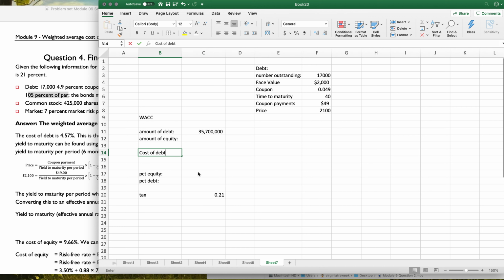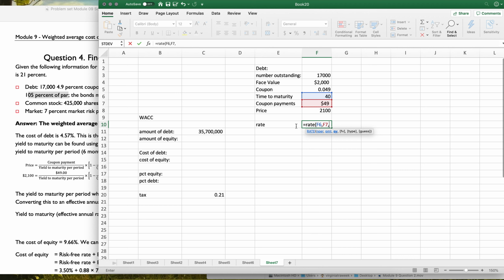Cost of debt, cost of equity. That was silly not to include that. The cost of debt is just going to be the implied rate of return on this bond. So the rate is going to be the number of periods, which is 40, the payment, which is 49, the present value, and you have to make sure to put a negative here because your payments are positive, and then you're going to get back a positive 2,000.